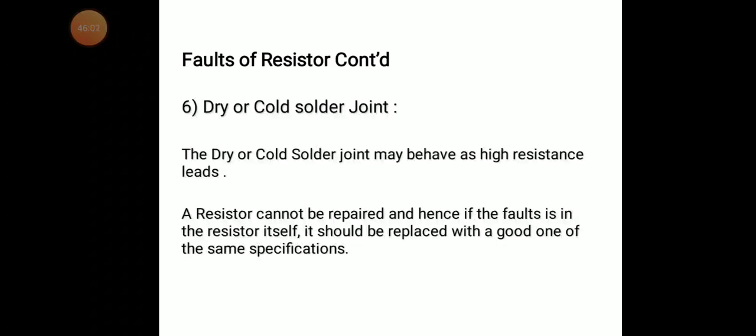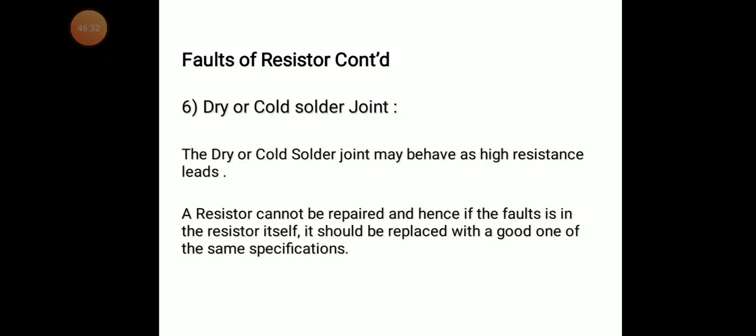The next one is the dry or cold solder joint. A dry or cold solder joint may behave as a high resistance lead. A resistor cannot be repaired, and hence if the fault is in the resistor itself, it should be replaced with a good one of the same specifications.